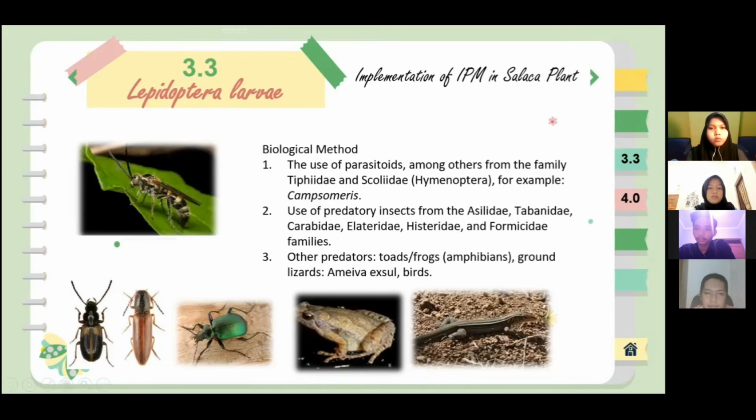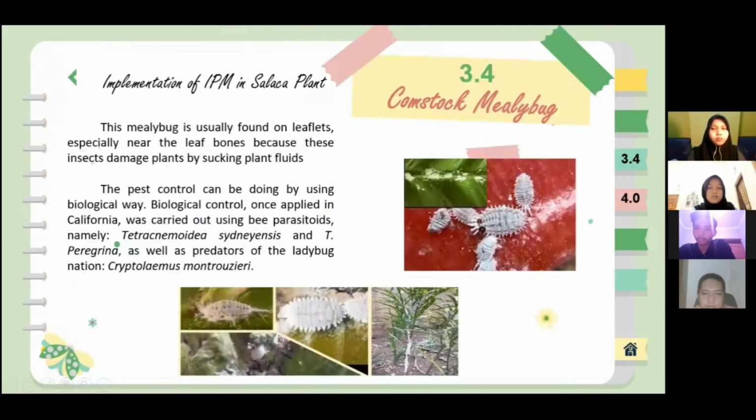Next is Comstock mealybug. This mealybug is usually found on leaflets, especially near the leaf bases, because these insects damage plants by sucking plant fluids.